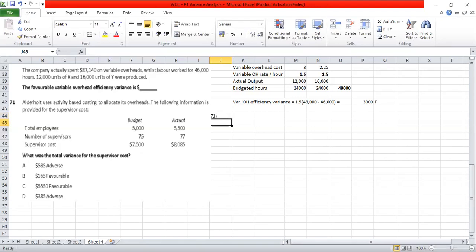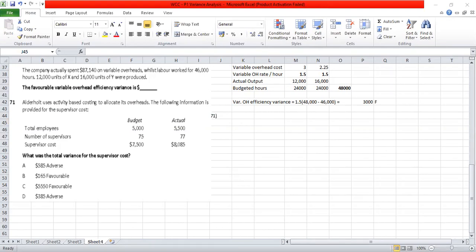So we need to find out the difference between the budgeted supervisor cost and the actual supervisor cost. Now this is an activity of supervising. There are costs given and the number of supervisors. See, activity-based costing always takes the usage of the activity.